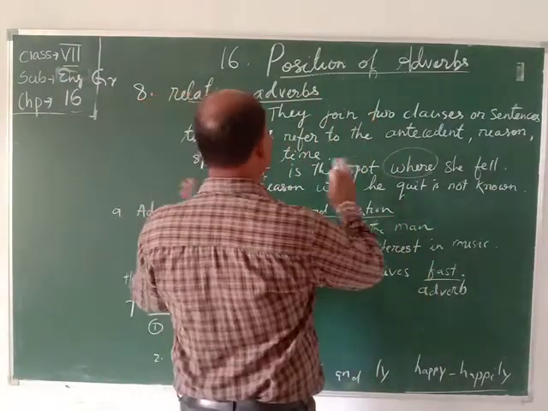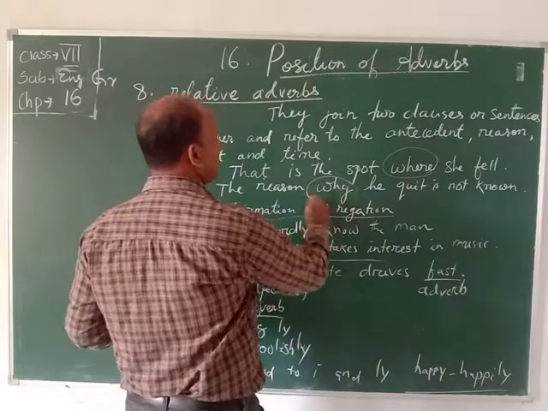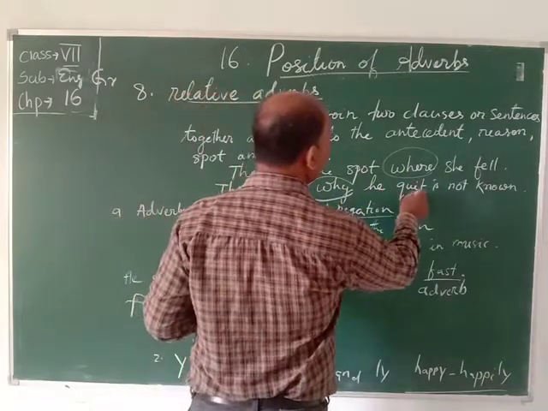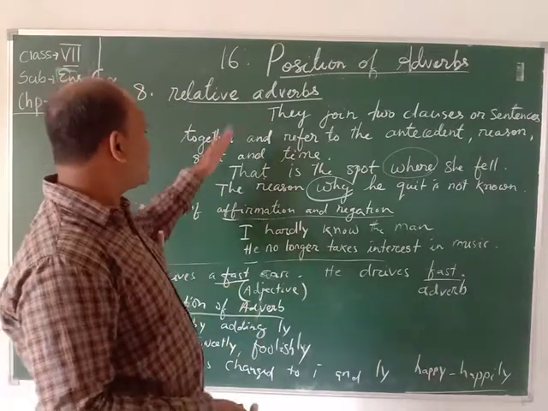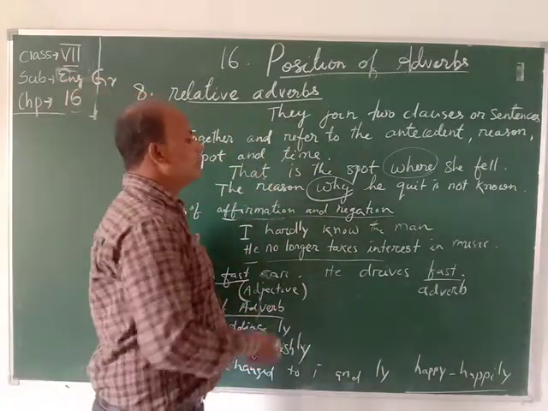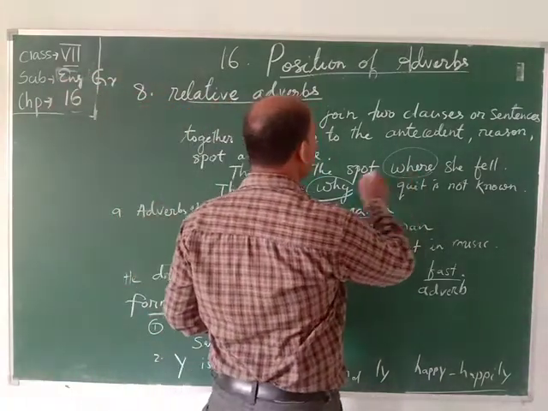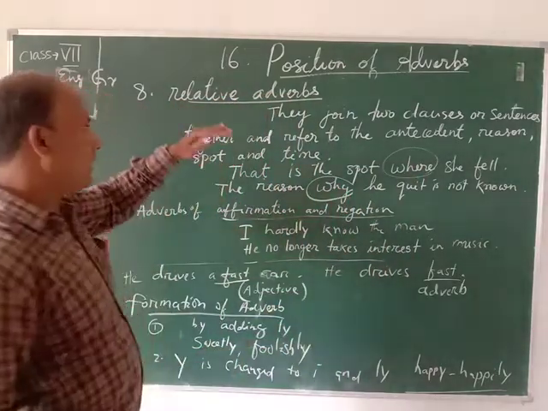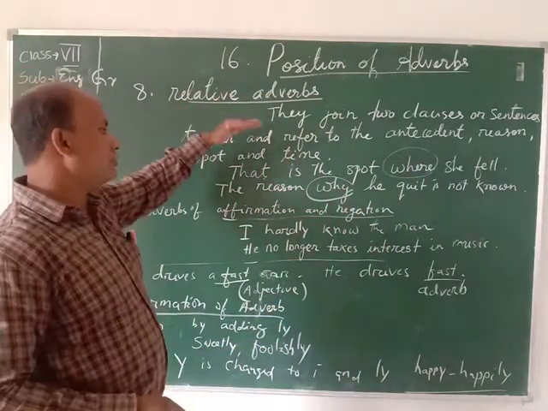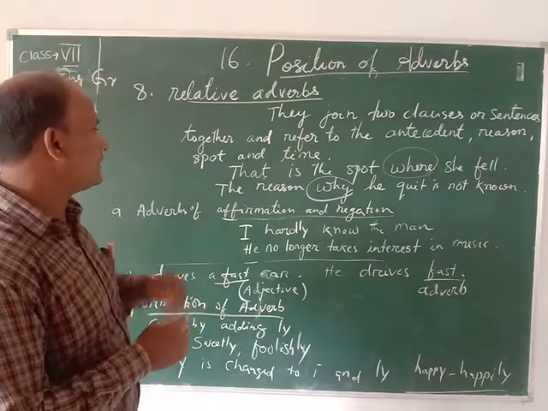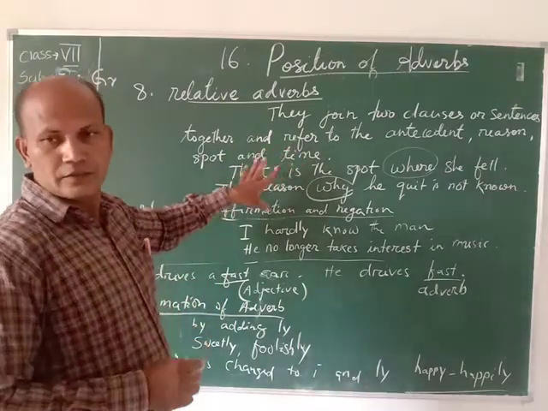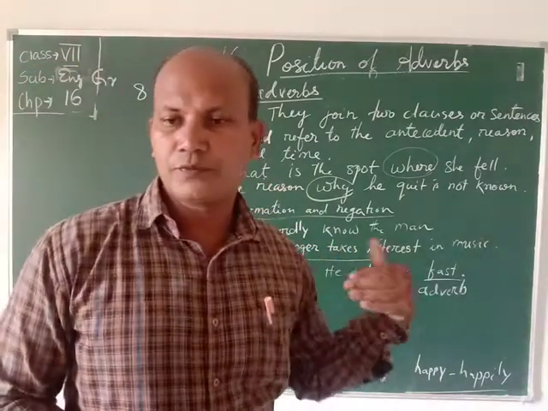This word joins two sentences. The reason why he quit is not known. क्या कारण है, मुझे छोड़ी पता नहीं चला. So in this sentence, why and where, these are the relative adverbs that join two sentences together. It's clear to understand? So you have to practice it.